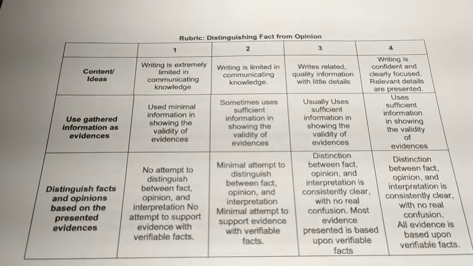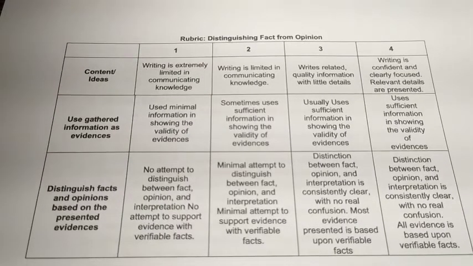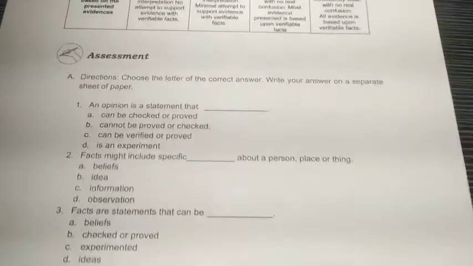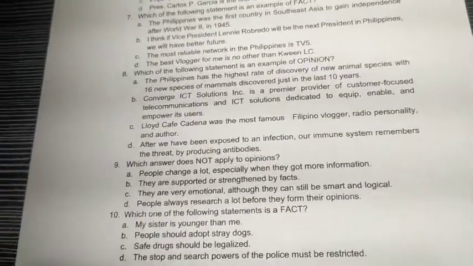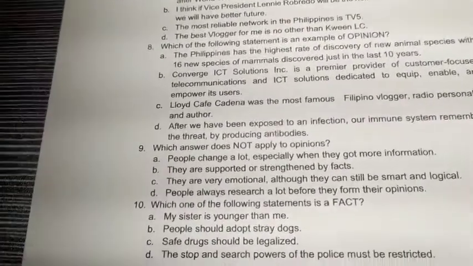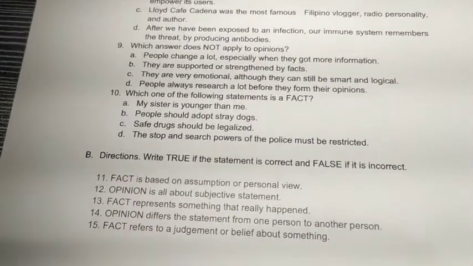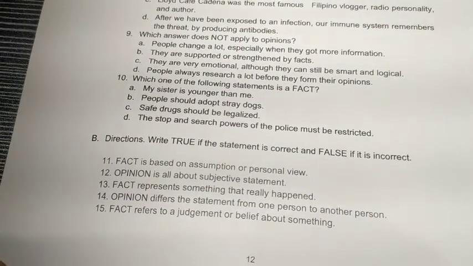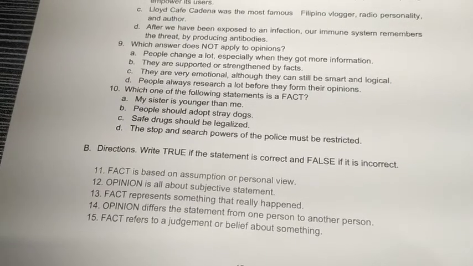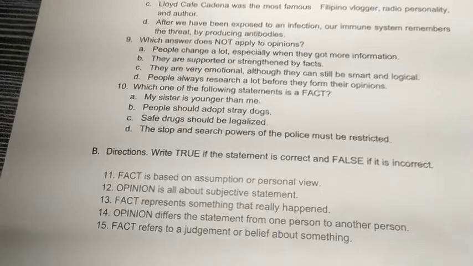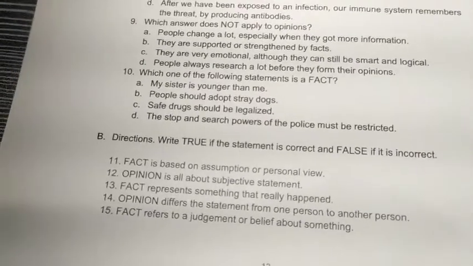Then, if you distinguish between the two, if it's facts or opinion, then you will get also 4. So, for assessment, you will choose among the letters A, B, C, or D based on what is being asked in each item. Then for letter B, 11 to 15, write true if the statement is correct, then false if it is incorrect. So true or false only about fact or opinion.